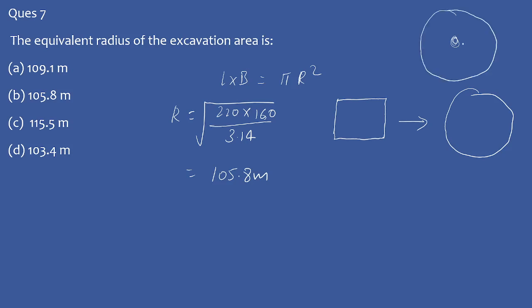So we need to convert the rectangular area into a circular cross section. The equivalent radius can be found through length into breadth equals πr², and you will get the equivalent radius.